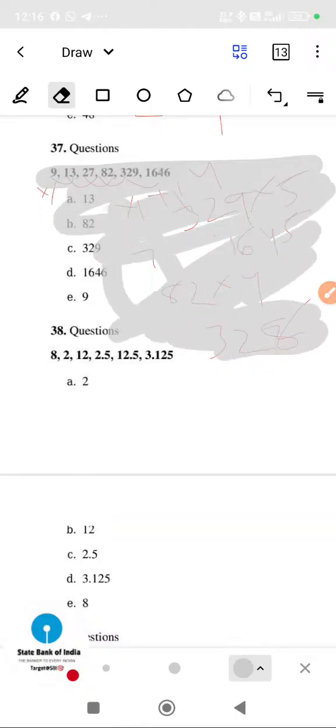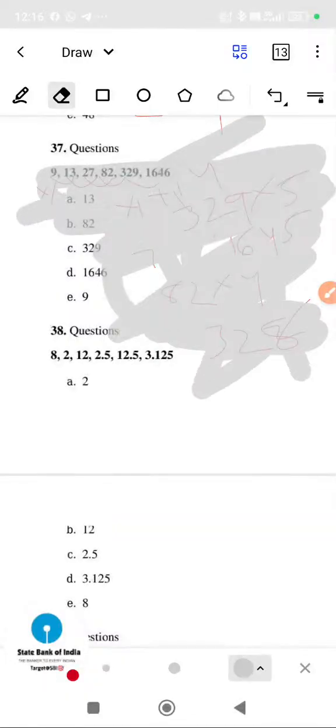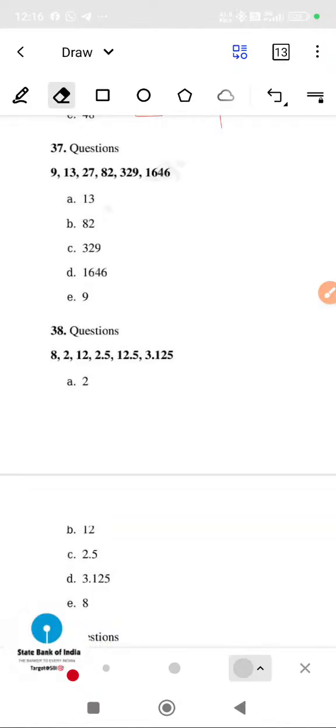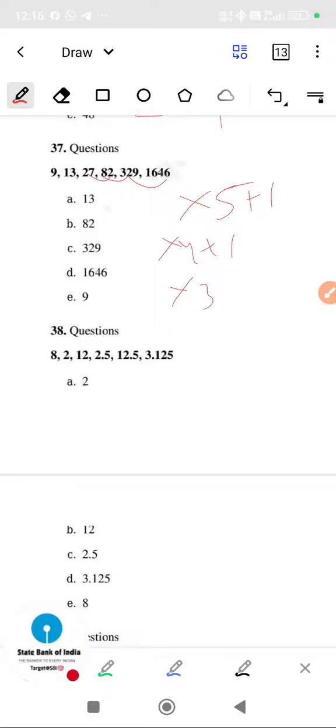Sorry for the disturbance. I have a problem with this software I am using to explain these questions. Let me see. 9, this is clear that it is multiplied by 5 plus 1. 82, 4 times plus 1. 27, 3 times 81 plus 1. 13, 2 times, which will be 26 plus 1.